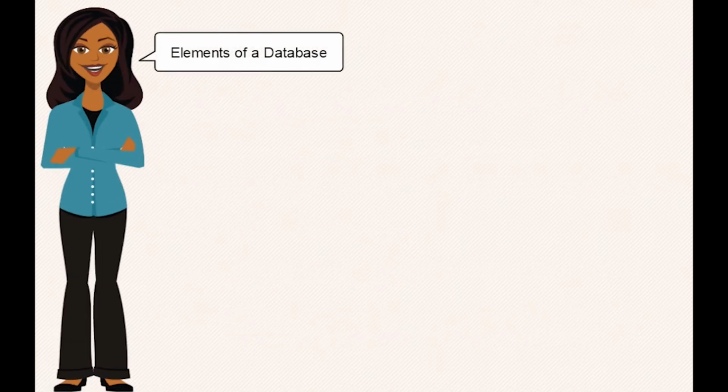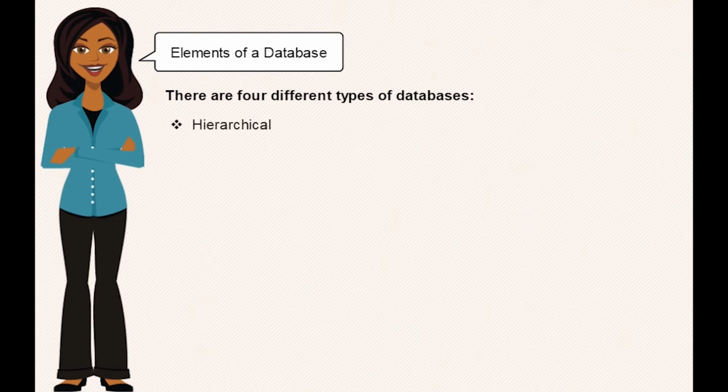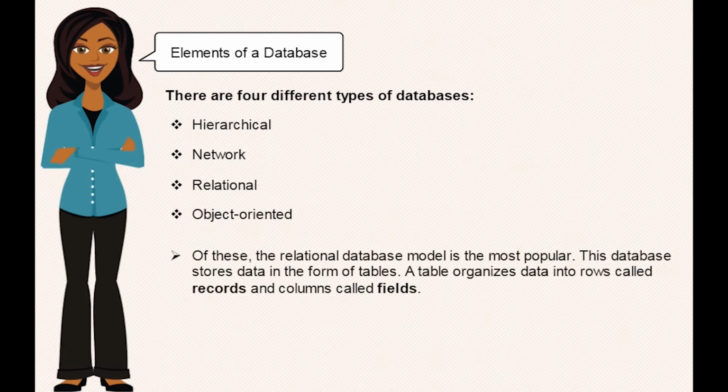Elements of a database. There are 4 different types of databases. 1. Hierarchical. 2. Network. 3. Relational. And 4. Object-oriented. Of these, the relational database model is the most popular. This database stores data in the form of tables.